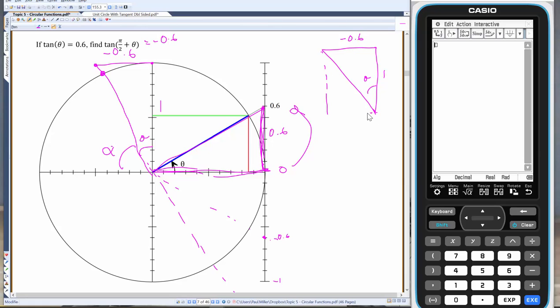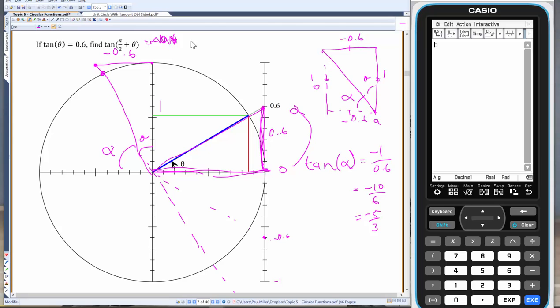Now I'm going to just draw or complete this rectangle. That with that, that with that. That's 1. That's negative 0.6. And this is alpha. Right, so how are we going to find the tan of alpha? What we're going to do is the opposite over the adjacent, or we're going to say that the tan of alpha is equal to -1 over 0.6, or 1 over -0.6, which is equal to -10 on 6, which is equal to -5 on 3.